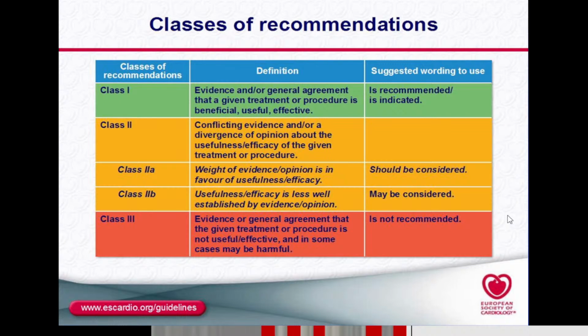At first, we have to recollect the understanding of the classes of recommendations and the level of evidence. So we use such classes of recommendations depending on the data of many randomized studies, and in some cases depending on the opinion of the medical community.